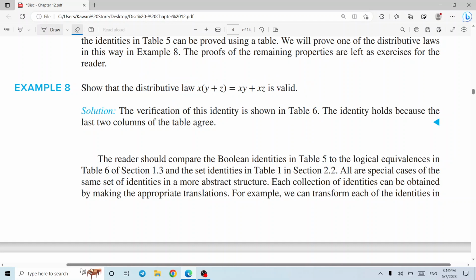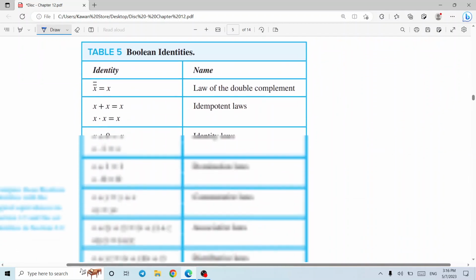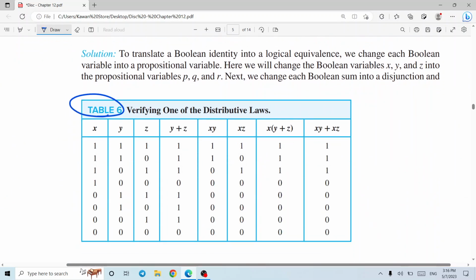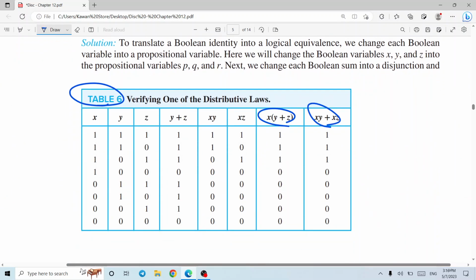I'm going to take the left side, right? I'm going to multiply x by y or z and x, and write the result, then xy or xz, and you'll get the result. Here's table 6. You can see these are equal. Clear? Do you think you cannot deal with that chapter? Easy, good.